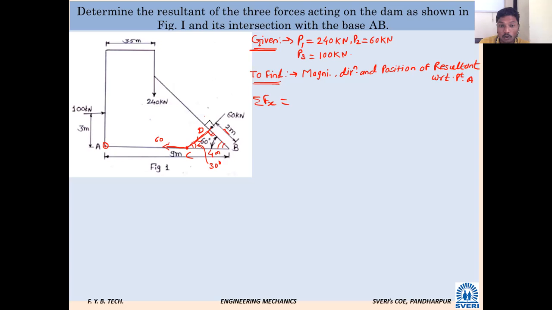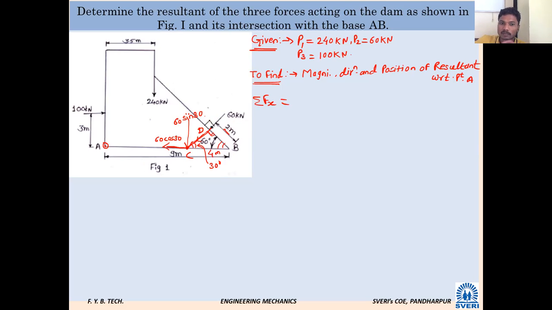How much angle does that 60 kilonewton force make with the horizontal? 30 degrees. So it will be 60 cos 30 here. And the vertical component will be 60 sin 30.